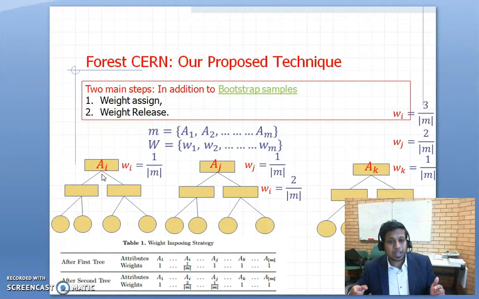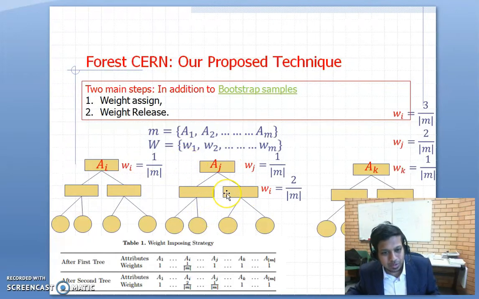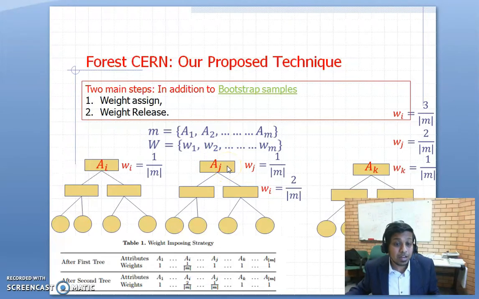So that attribute is heavily disadvantaged in the second tree, and therefore the chance of it being selected again is very low. So we are highly likely to get a different attribute chosen at the root node of the second tree, and therefore we are likely to get a very different tree.